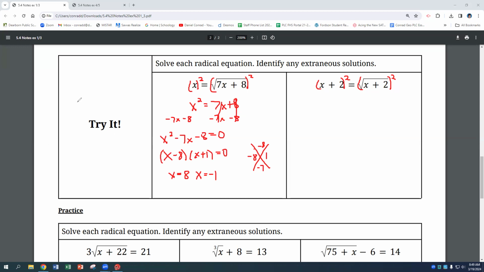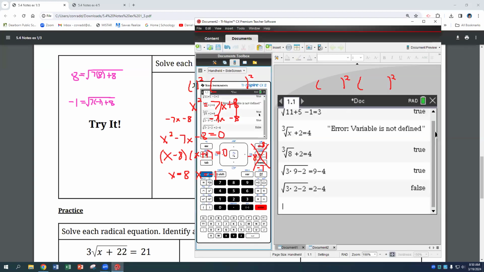So I need to see if those are going to work. So 8 equals square root of 7 times 8 plus 8. And -1 equals square root of 7 times -1 plus 8. Okay, I can use my calculator to check those.